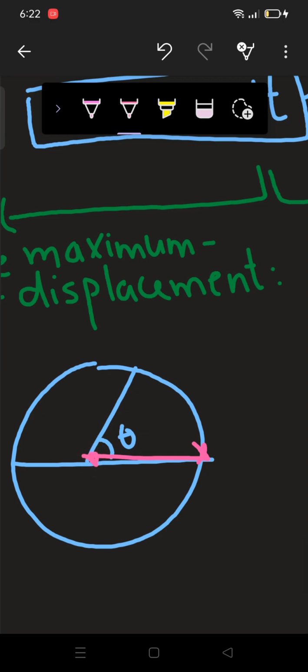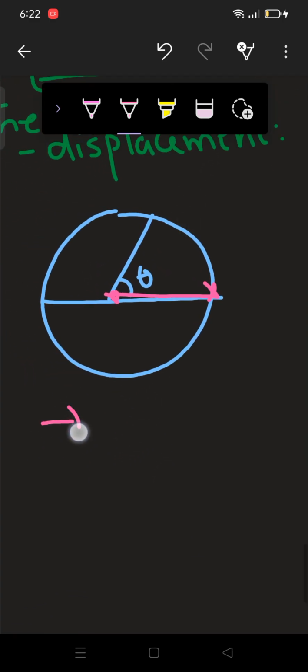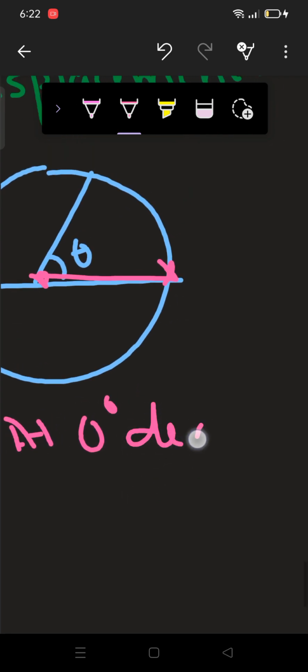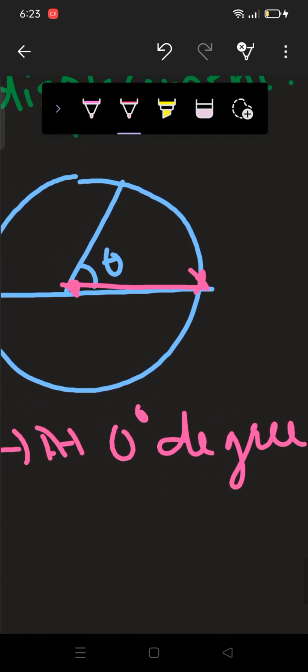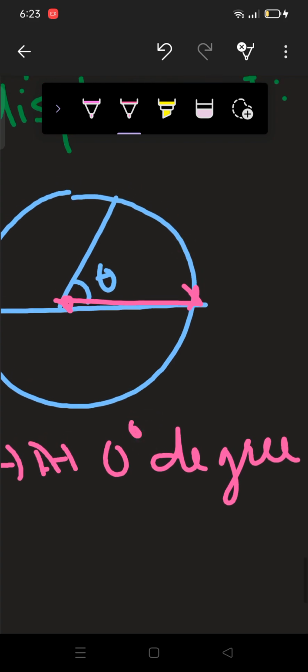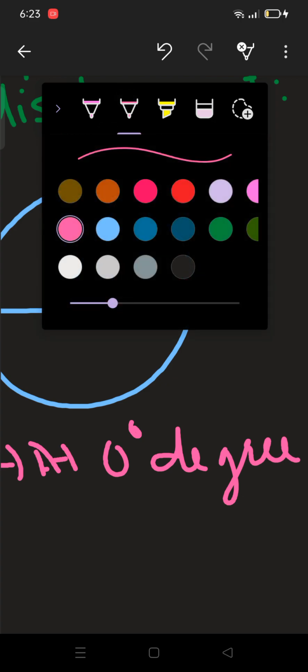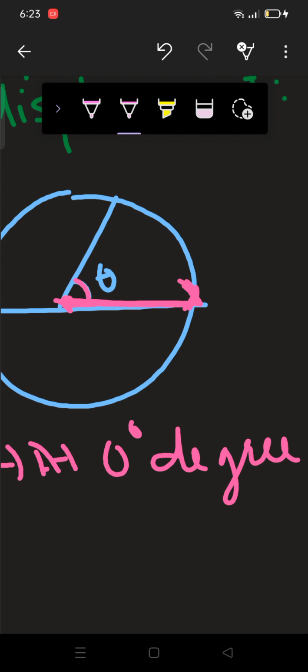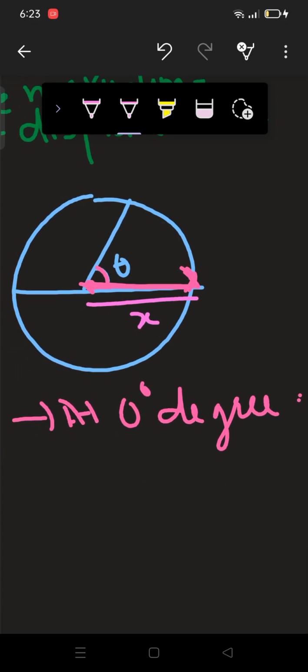That's why this would be the maximum displacement, so I must write it at 0 degrees. Why have I taken 0 degrees? Since if I take 0 degrees, this line would go straight, because cos 0 is equal to 1. We have already learned that displacement is always taken away from the mean position, which means this entire length is the displacement. So this is a true condition.